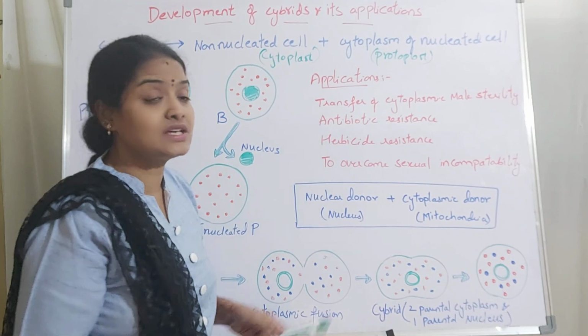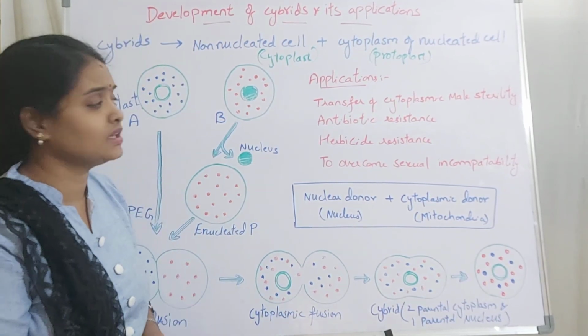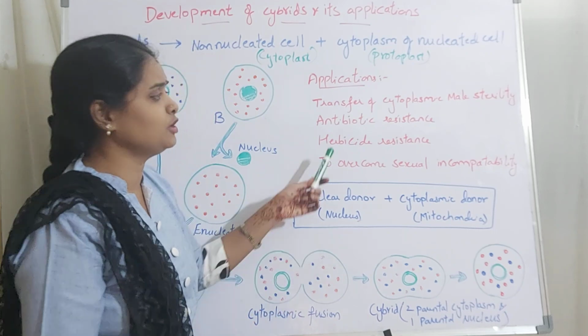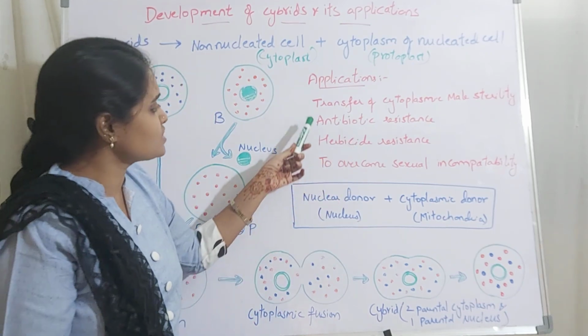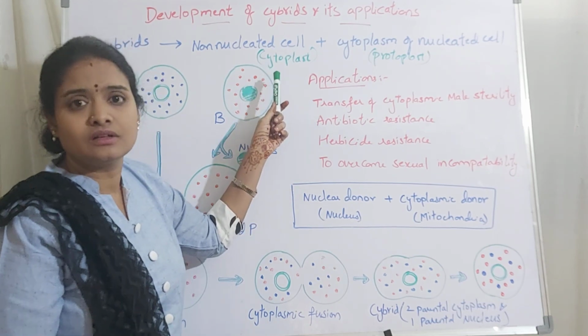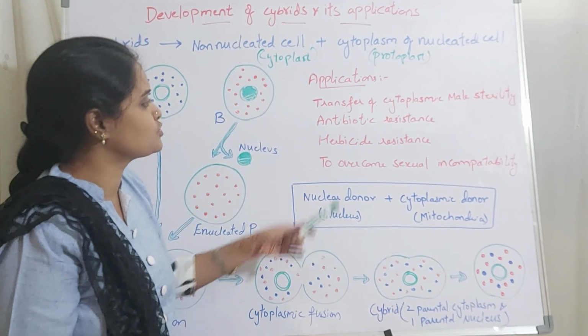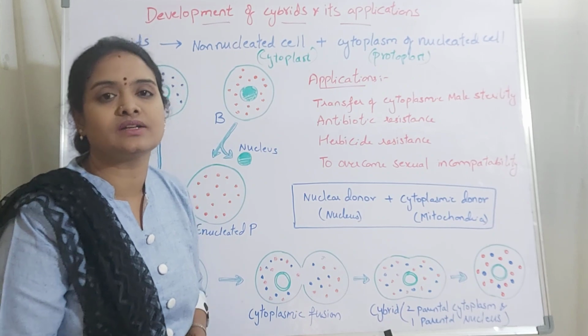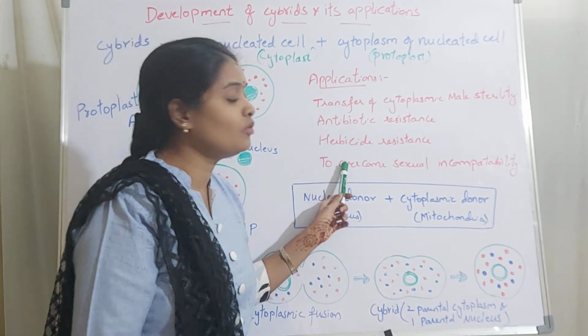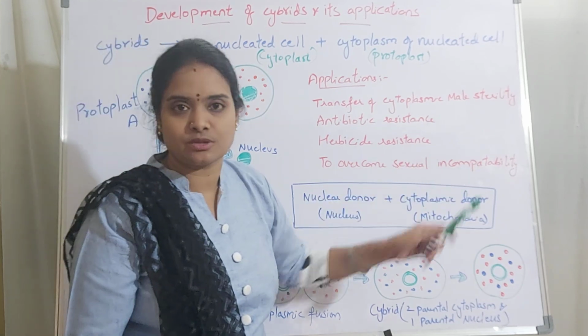Then the next one is antibiotic resistance. See here, in case of agriculture, we want the crop to be herbicide resistant and also antibiotic resistant. So in agricultural fields, we make use of this technique to produce cybrid plants which may be resistant to antibiotics and herbicides. And mostly it is to overcome sexual incompatibility.